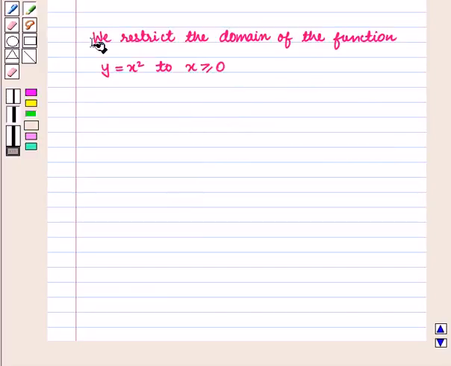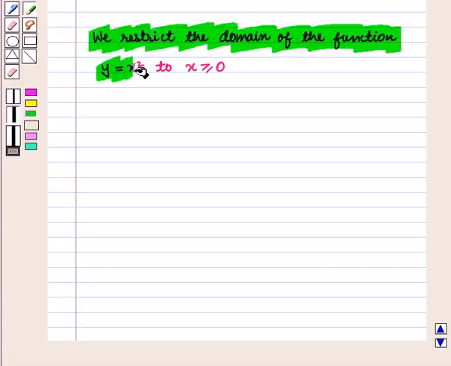Now if we want to find its inverse, we will have to make it a one-to-one function by restricting its domain. Now we restrict the domain of the function y is equal to x square to x is greater than or equal to 0, and now we try to find its inverse using the same procedure.